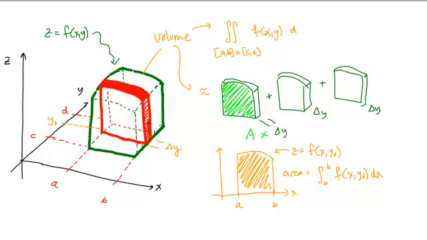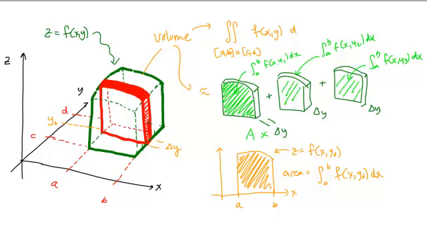So in my picture right here, the area of this first face would be the integral from A to B of f of x, y1 dx. This would be the integral from A to B of f of x, y2 dx. This would be the integral from A to B of f of x, y3 dx. We've now figured out a formula for the area of each one of these faces.